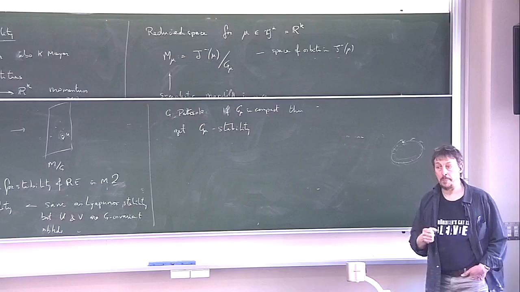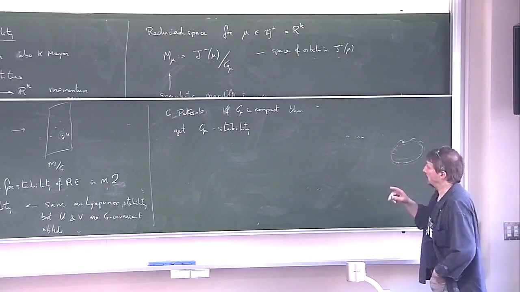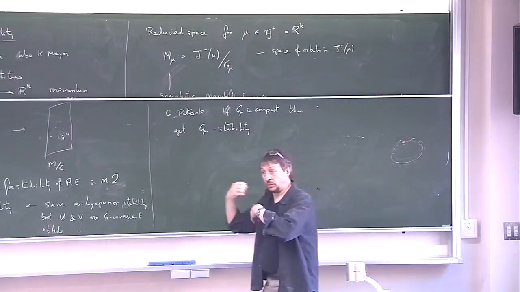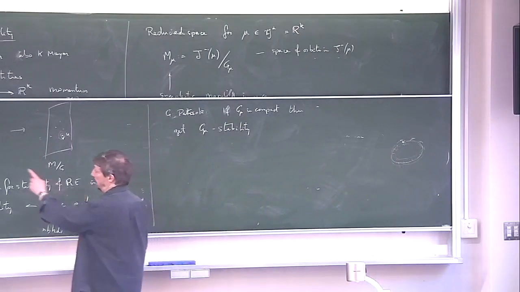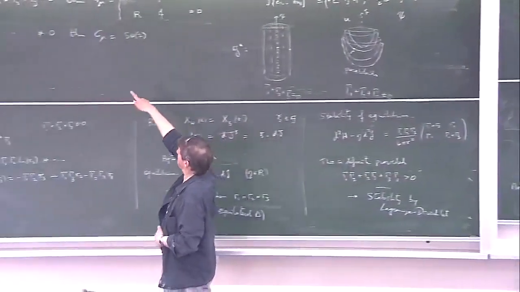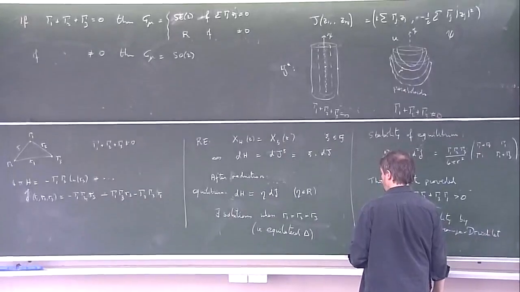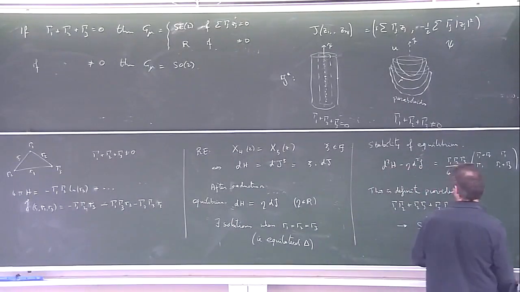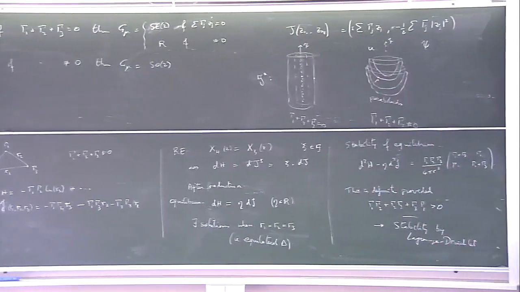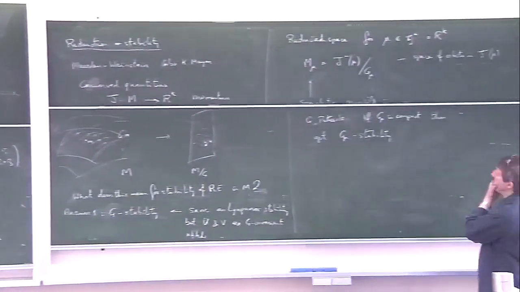And that's precisely what you're getting here. It's G mu stability. G mu is SO2, which is a circle. And when this sum is not 0, the trajectory is rotations, like it was for two vortices.